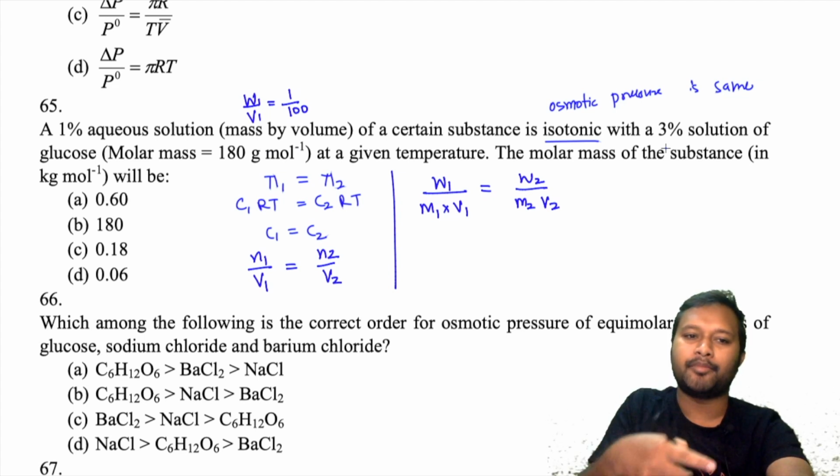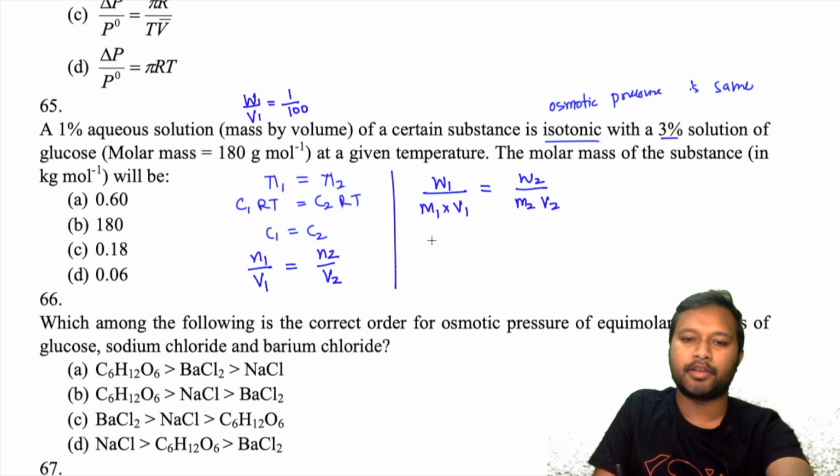In the same way, W2 upon V2 will be 3 upon 100, because 3% is given. So let's put that: 1 upon M1, M1 is the mass which I don't know, of the certain substance, divided by 100, equals 3 upon M2, glucose, whose value is already given as 180, into the volume 100. So solve this up and you will get your M1 as 60 grams.